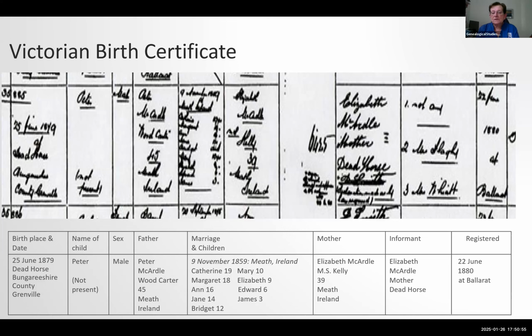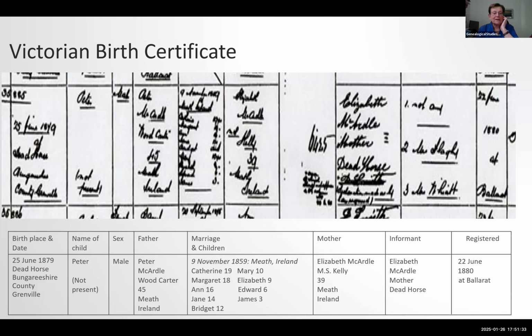In this case, she was the informant. What I've done there is read out the informant's name as Mother, Deadhorse. But she was 39 and she was born in Meath in Ireland. So you've got the details there that Elizabeth McArdle was also born in either County Meath or Meath City itself.